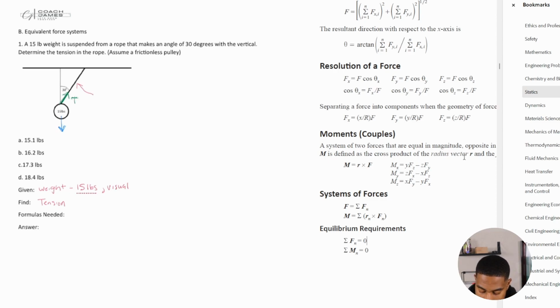All right, so in this case, let's look at the sum of the forces and figure out this force of tension.